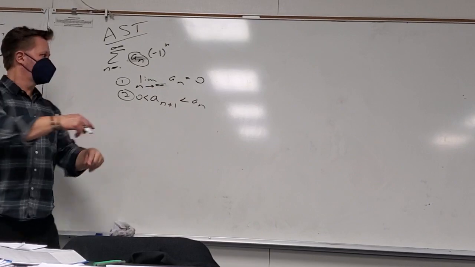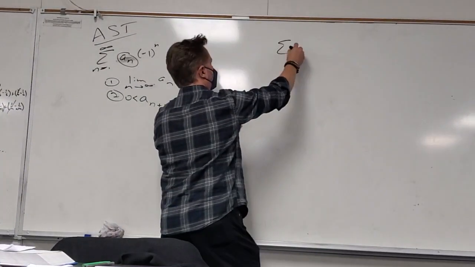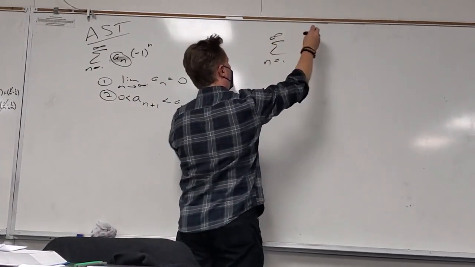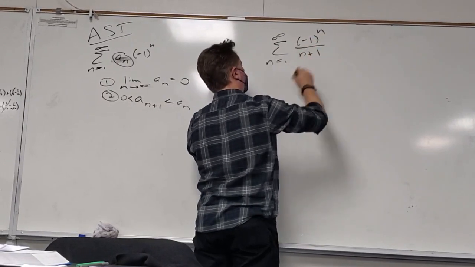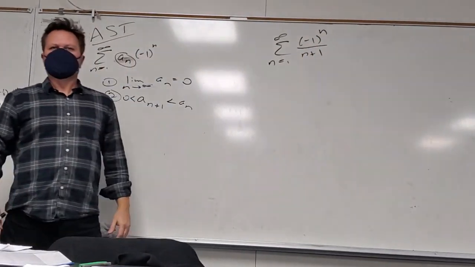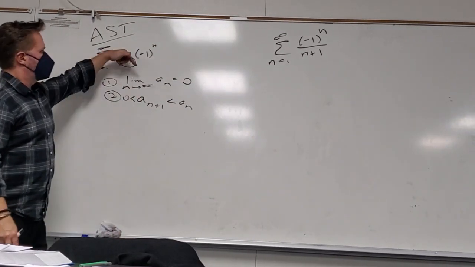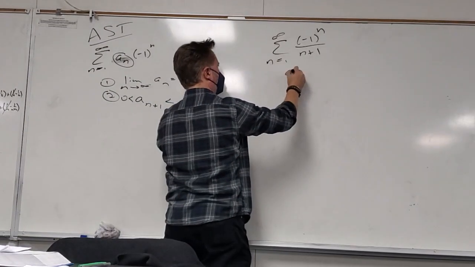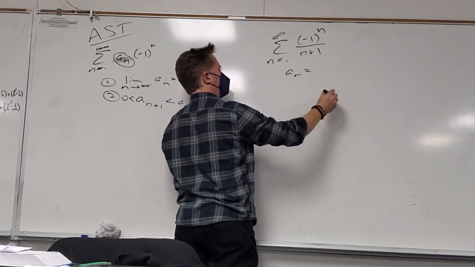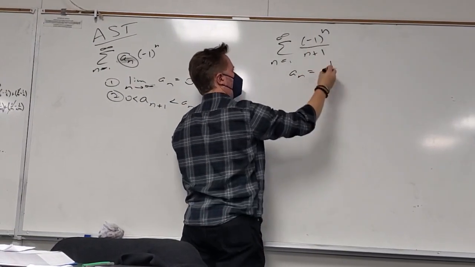The other way to do it is, if I had this here, you can show pretty quickly the limit is 0. You with me? In fact, what is the a_n that we're working with here? Yeah, you just ignore the negative 1 to the n part.